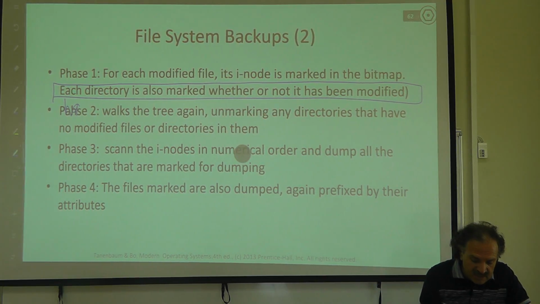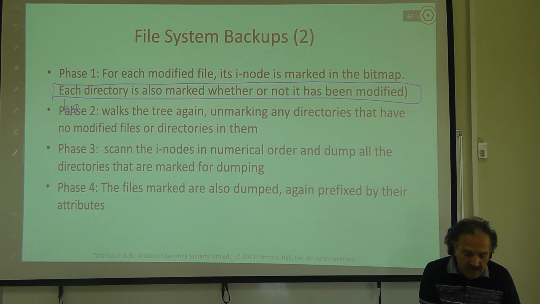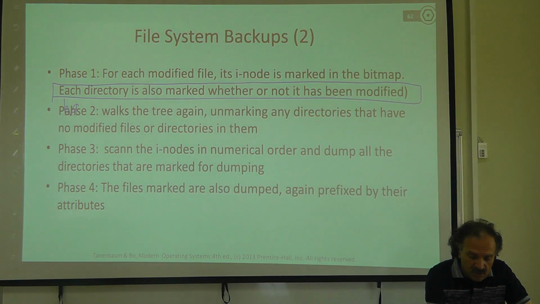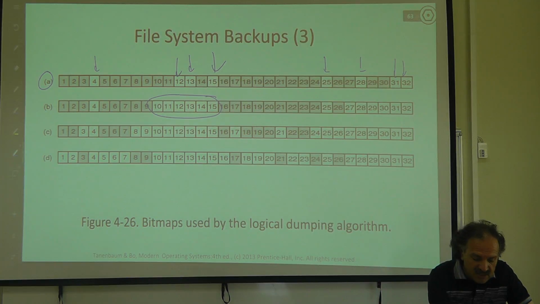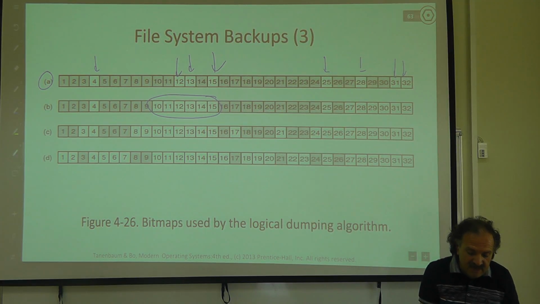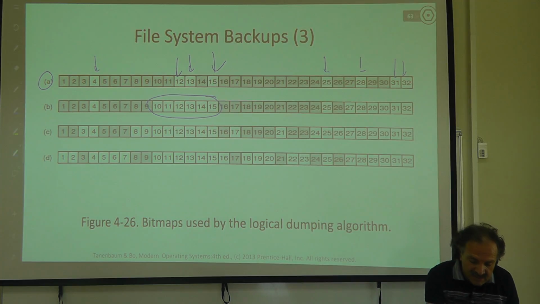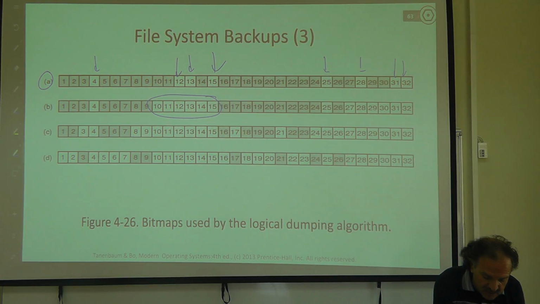Scan the inodes in numerical order and dump all the directories that are marked for dumping. Okay. So for phase 3, dump all the directories that are marked for dumping. So I dump this one, 4, 5, 6, 7, 16, 18, and it goes like that. So this step dumps all the directories.